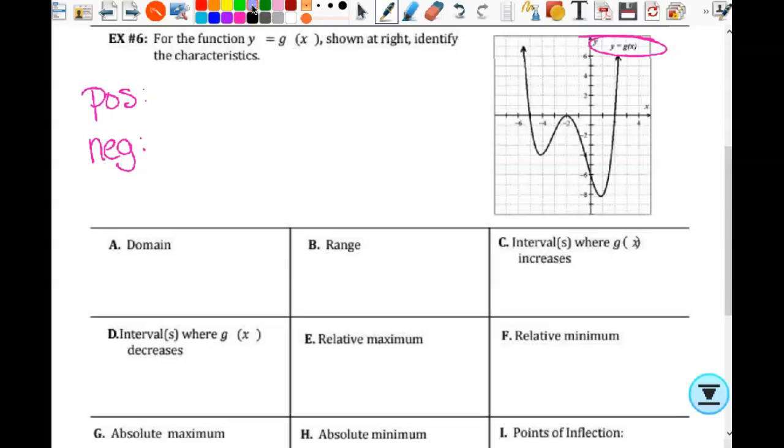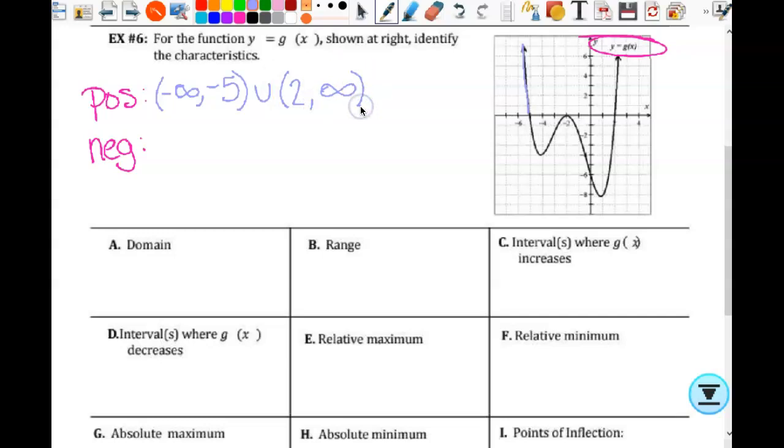So the function is positive starting where? Negative infinity, and going to where? Negative 5. Right there till negative 5. Is it positive anywhere else? Yes, so I start back over where? At 2 and go to infinity.